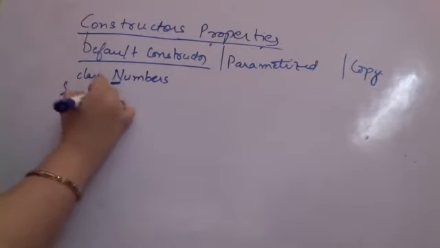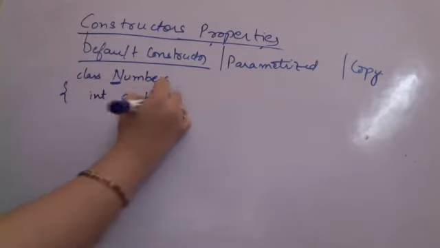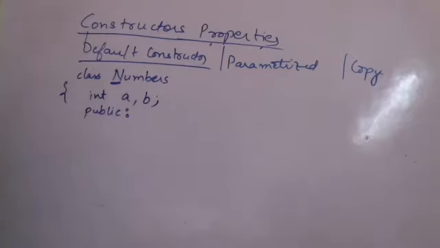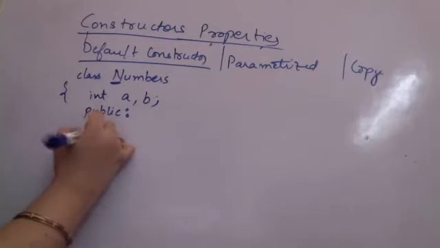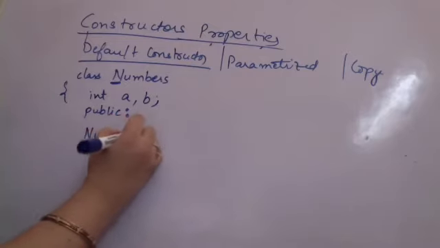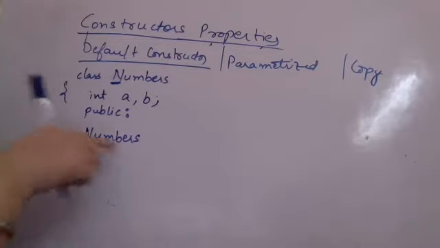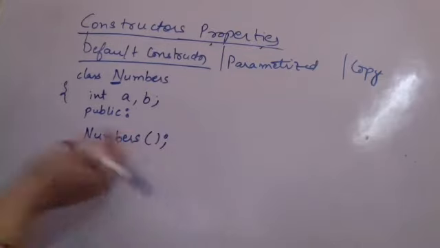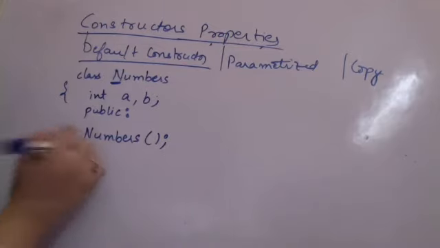So let us see, I'm having again the same two integers a and b. In the public section, now I'm defining the constructors. The one constructor is Numbers. See, we can also do declaration and definition. So supposedly this is only a declaration, and since it is not having any return type, I'm not giving it.